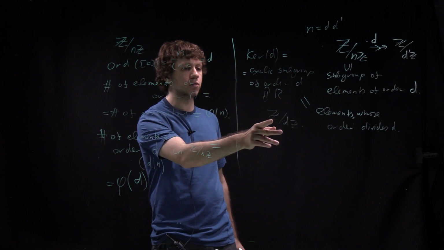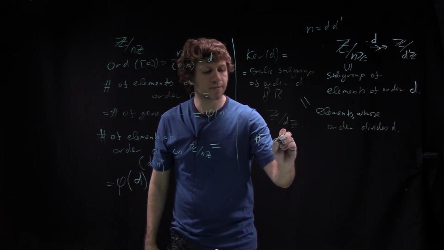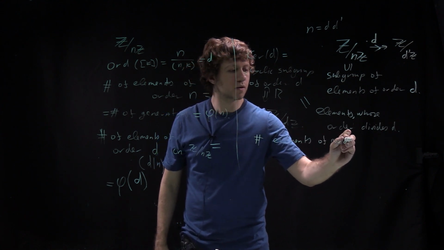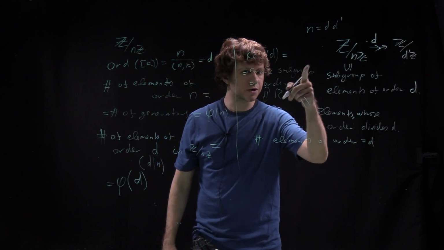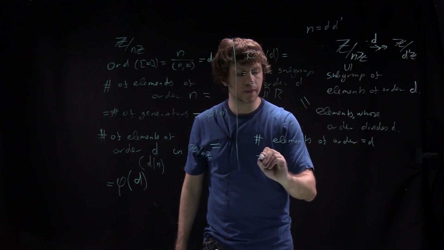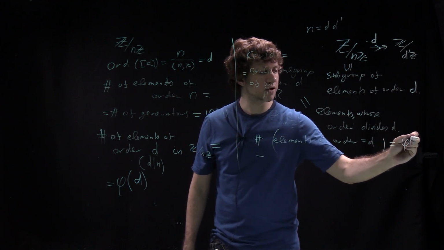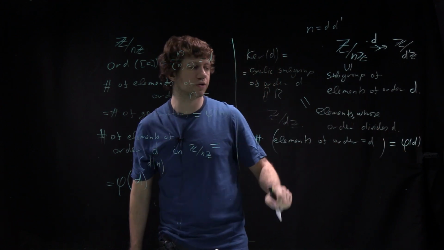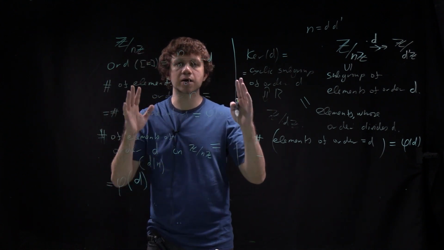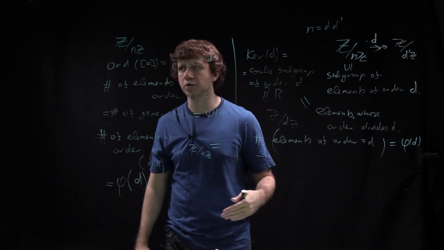So the number of elements of order exactly d, being generators of the subgroup, is equal to phi of d, because it's also a cyclic group of order d. So basically we have this interesting statement that in a cyclic group, if you are interested in elements of a certain order, you just compute the Euler function of this order.